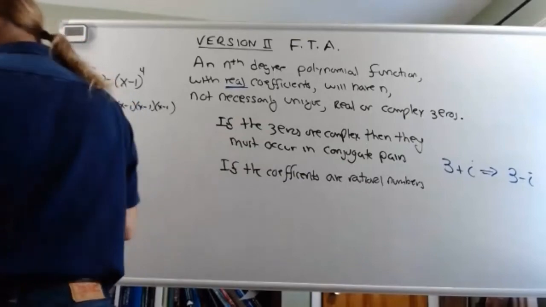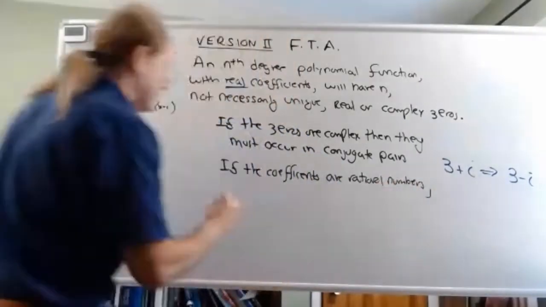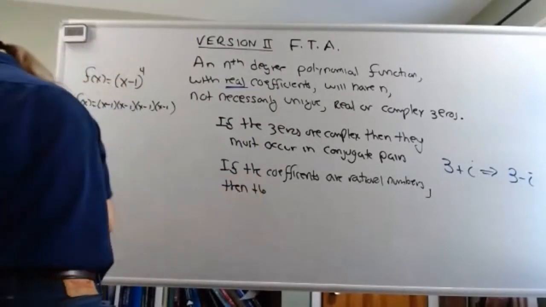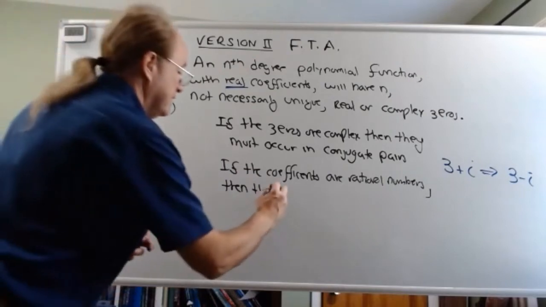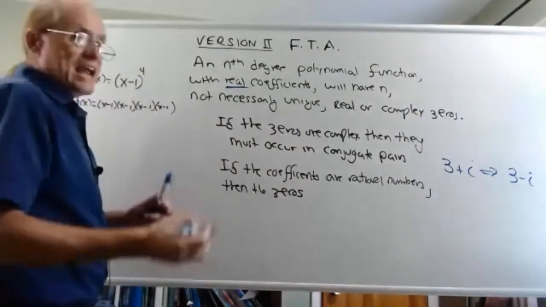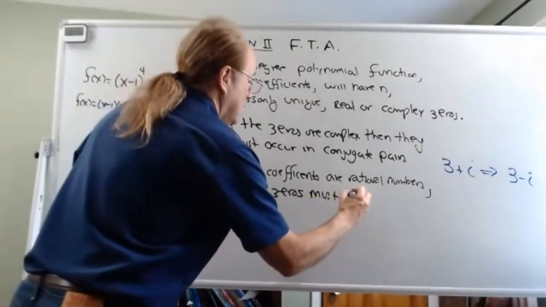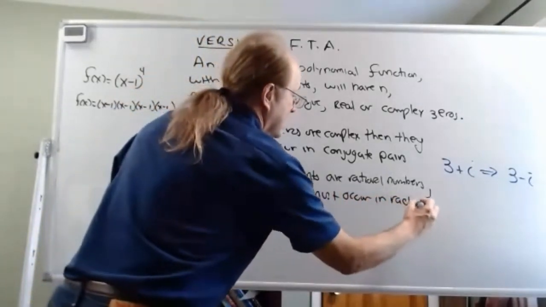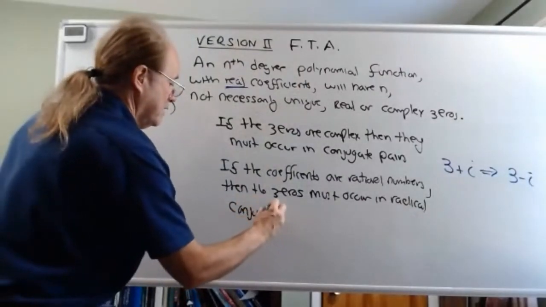Then the zeros must occur in radical conjugate pairs.